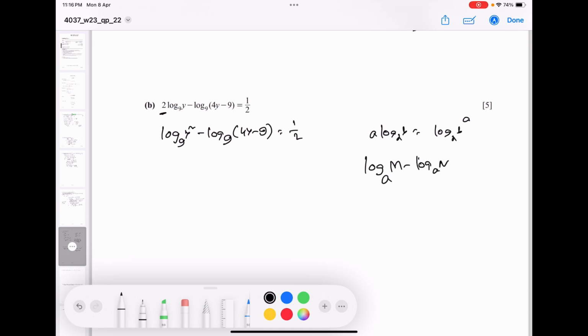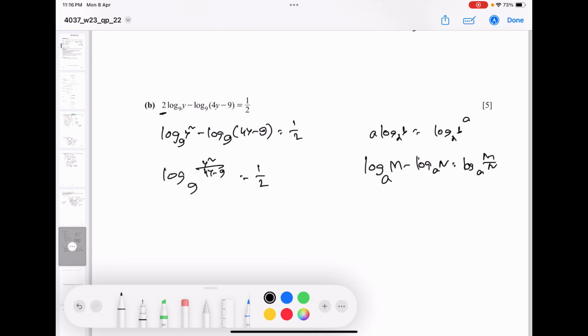Since there is a minus sign, log m minus log n, we divide m by n. So let me write log base 9 of y squared divided by (4y minus 9) equals half.